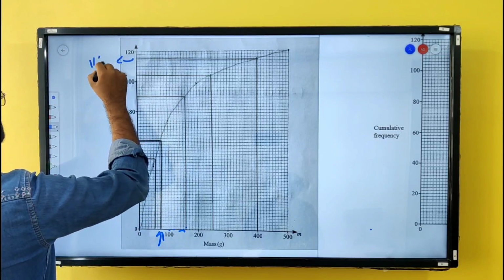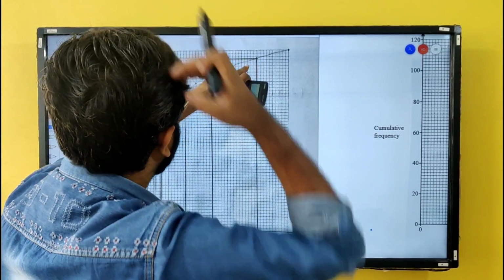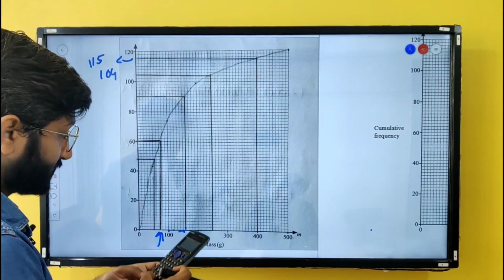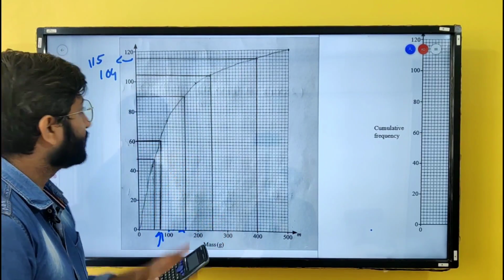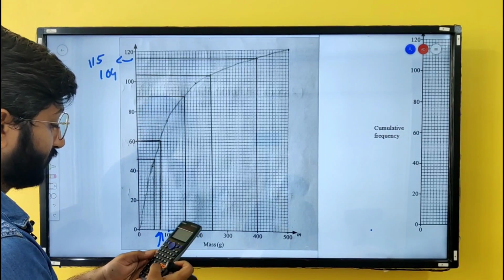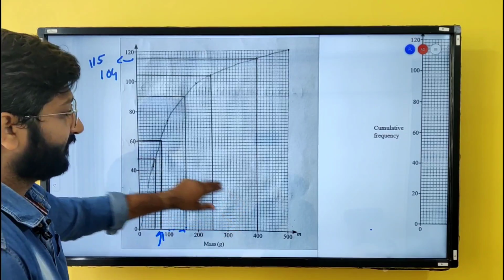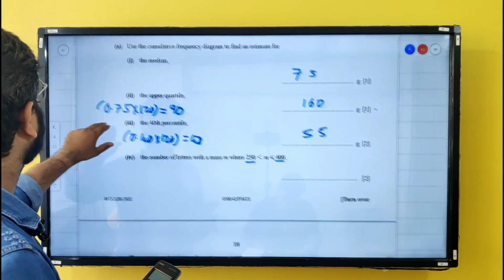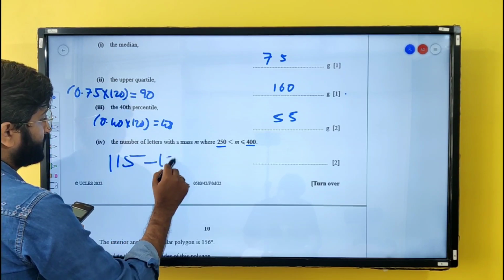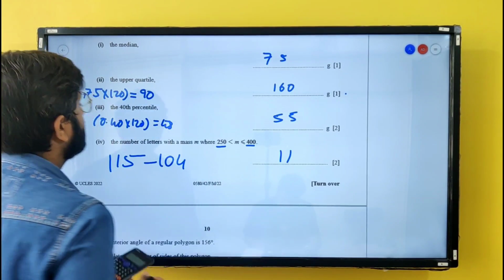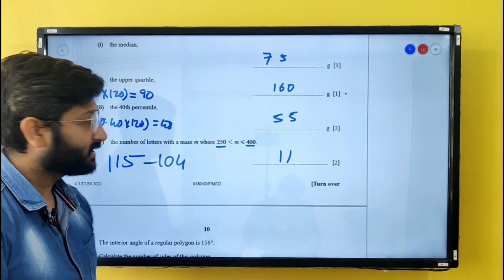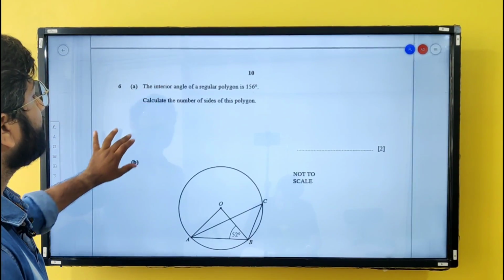So I am writing this as 115. So the number of letters with mass between 250 and 400 is 115 minus 104, which is 11. Number of letters, not number of students. So the number of letters between mass 250 and 400 is 11.